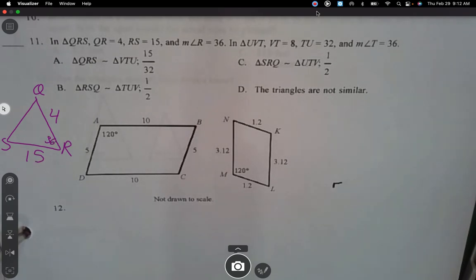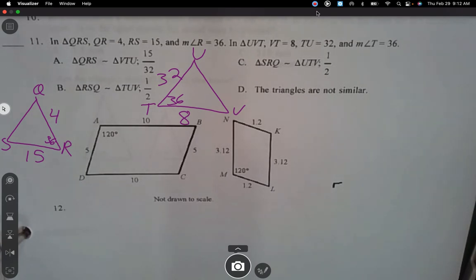This is 36 degrees. Now let me draw UVT in the same order. VT is 8. TU is 32. And angle T is 36. So they're kind of flipped. Looks like they're flipped a little bit.